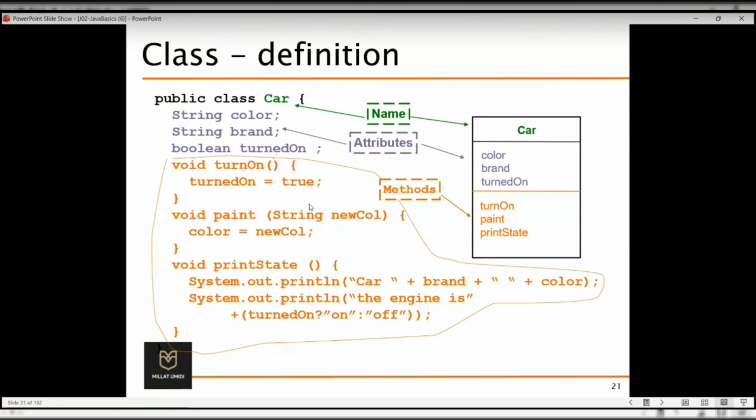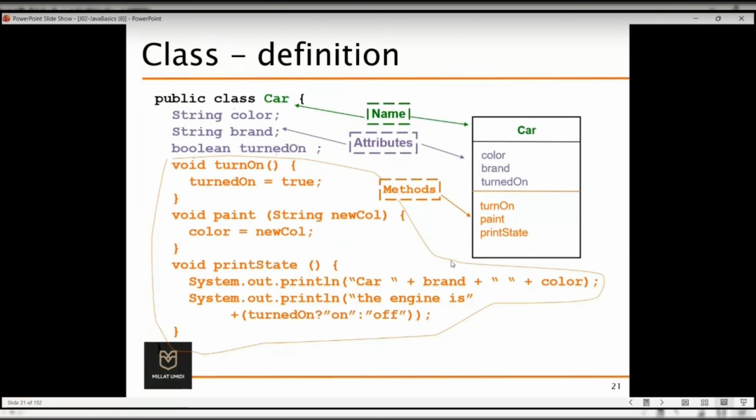Whenever we call the paint method of our car class, it will paint our car. It doesn't actually paint, it will just set the color attribute to the value that was given as an argument. So here we're taking the new color, and when we call paint, we are setting the color attribute to the new color we took here.